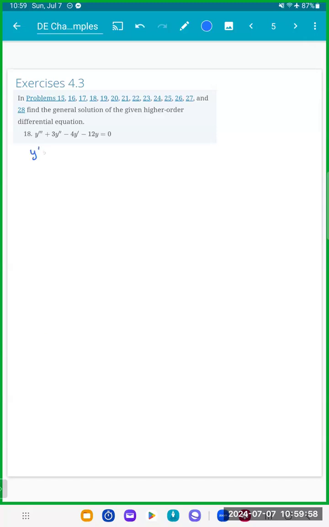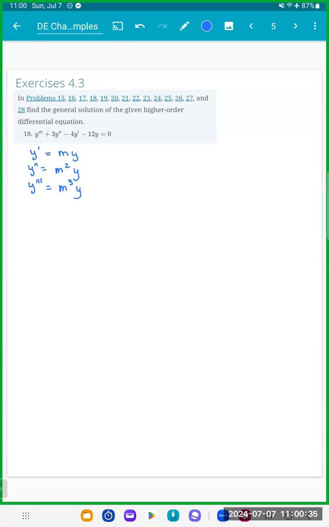But first, when we have our y prime, we'll use this m to signify that. So let's say that is my. Our y double prime, we could say, is m squared y, and our third derivative would be m to the third y, right?